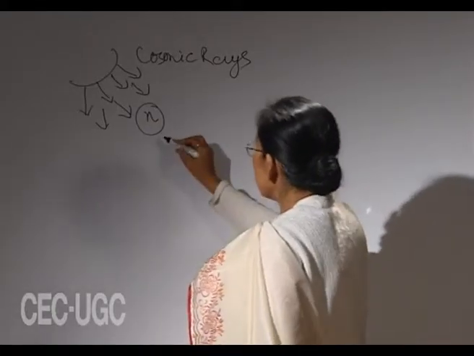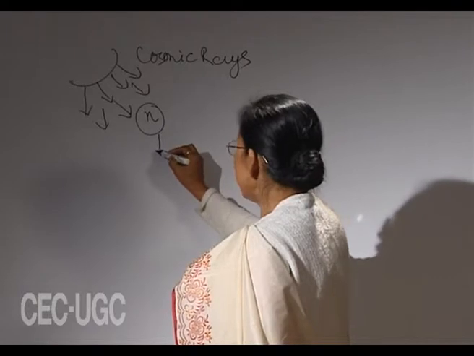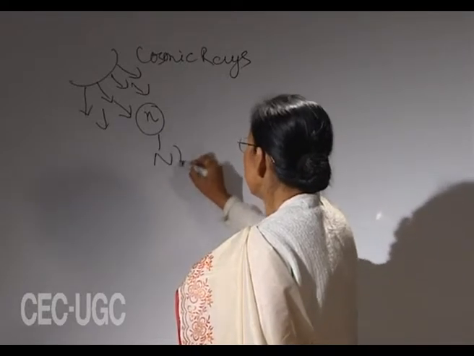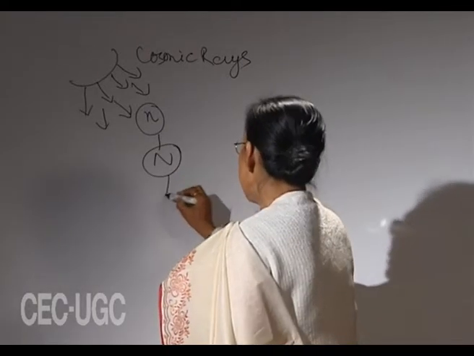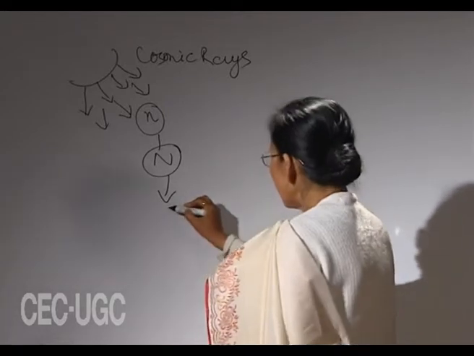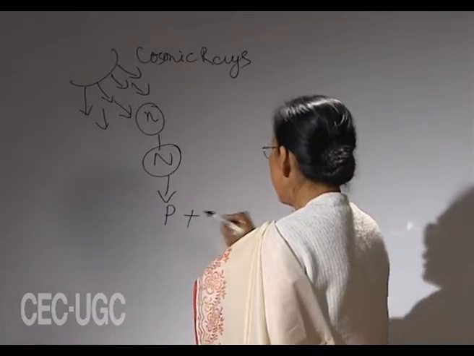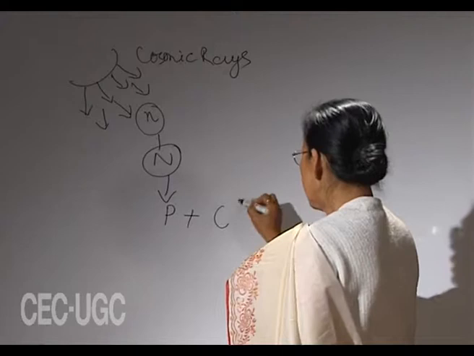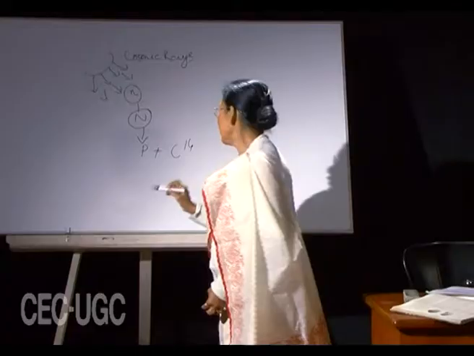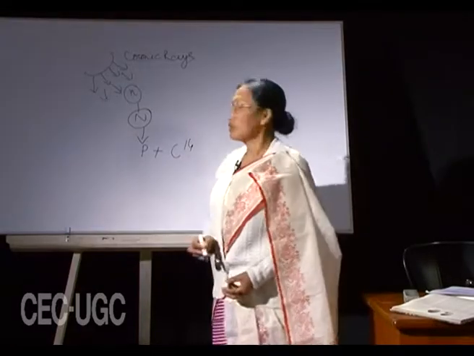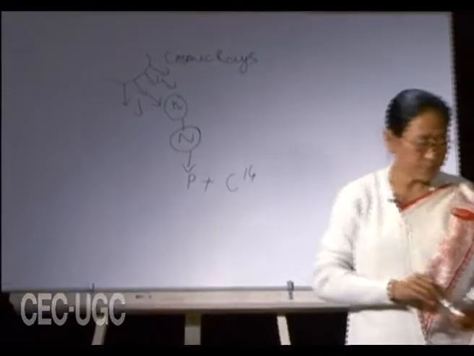Then these neutrons react with the nitrogen in the atmosphere and produce a proton and an atom of C14, instead of the normal C12.